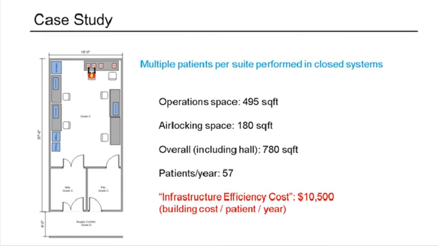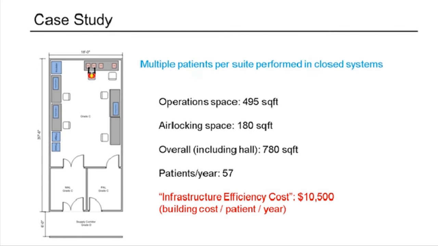And looking at this case study example right here, what we're seeing from a cost per patient per year, really the key design element would be to utilize closed systems with a number of the operation steps in terms of washing, selection, activation, and then where the time-heavy step is, which is expansion, you could offset that operation into a separate closed system like a wave bag or something like that, which is the longest time step.